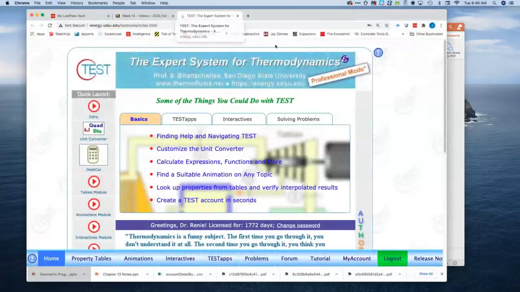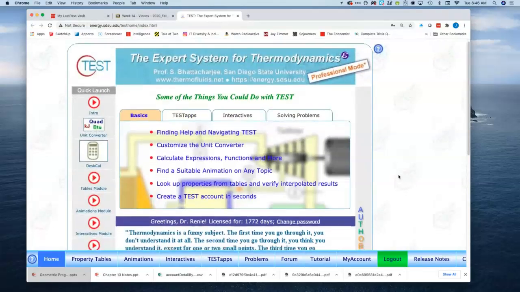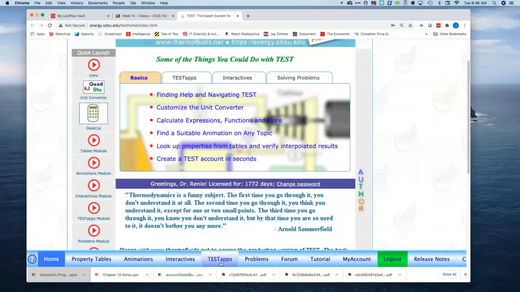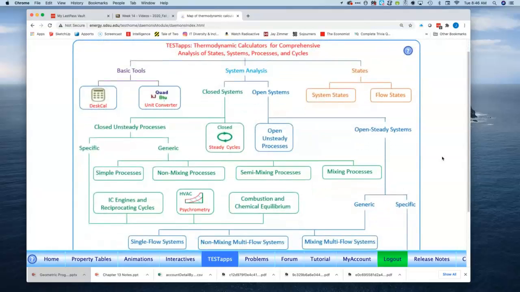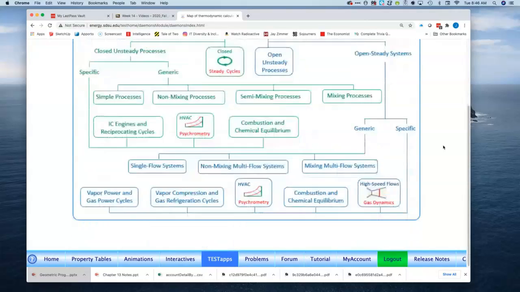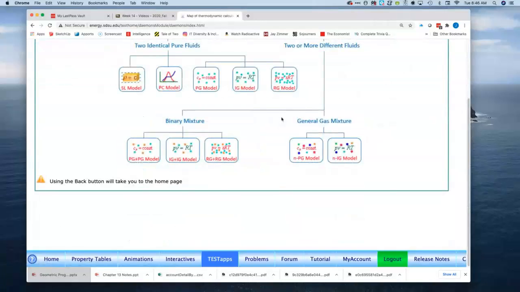I now have in front of you the TEST software, and you should be seeing that. The application we're going to perform is a flowing system mixing process. So it's going to be a mixing multi-flow system. I'm going to select this right here, and we're going to allow the mixtures to be a group of ideal gases.